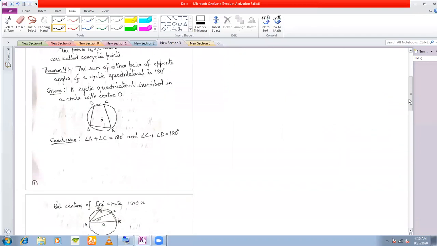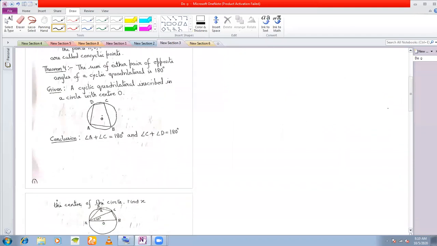We come to the first theorem under cyclic properties. The first theorem here is that if ABCD is a cyclic quadrilateral, then the sum of a pair of opposite angles of the cyclic quadrilateral is 180 degrees. What does this theorem mean?